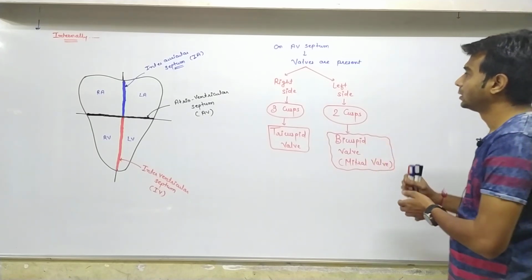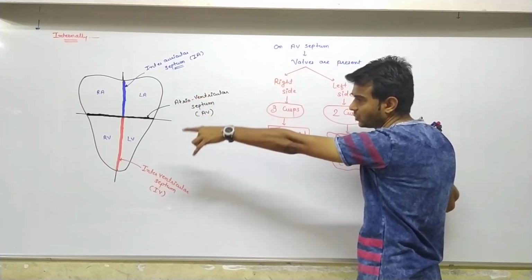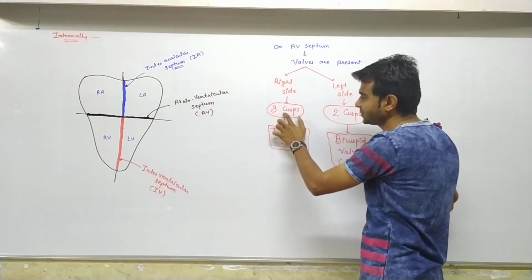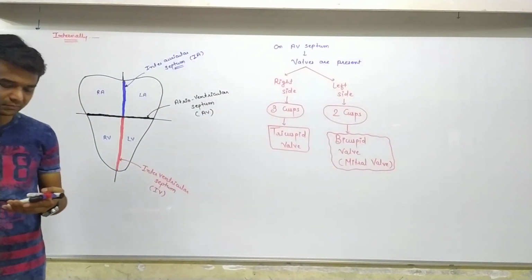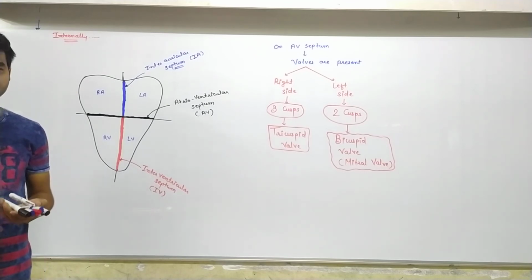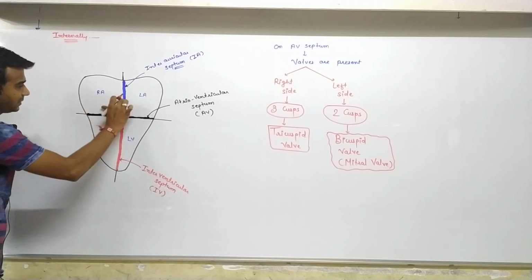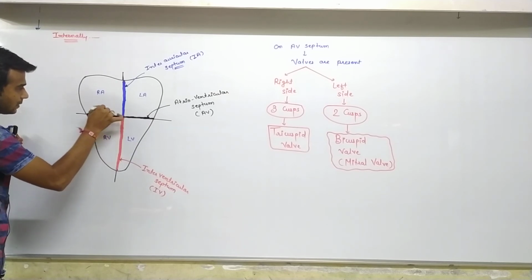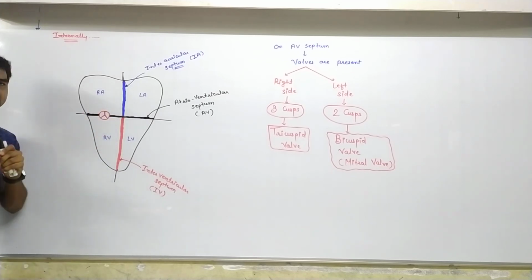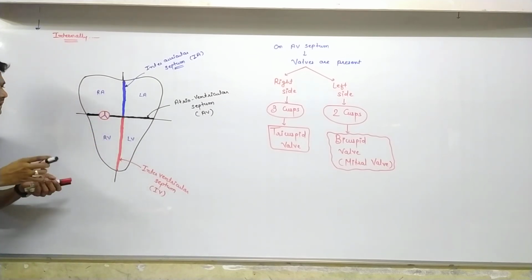So the right side valve is present between the right auricle and right ventricle. This is made up of three cusps. Three cusps means three flaps. So the valve between the right auricle and right ventricle is made up of three cusps, and this is known as the tricuspid valve.